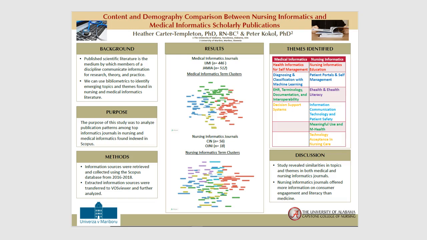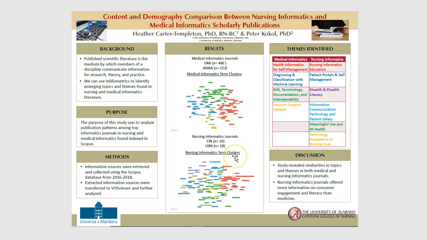This is an example of more work similar in that regard, looking at what has been published in nursing informatics versus medical informatics and those scholarly publications. And you can see the themes that were identified in medical informatics versus those in nursing informatics.